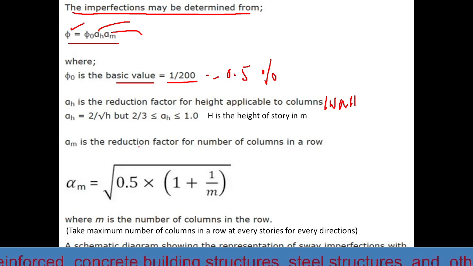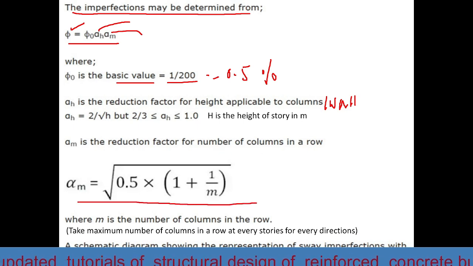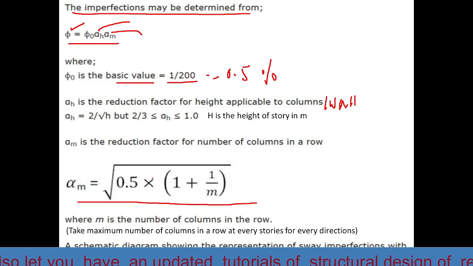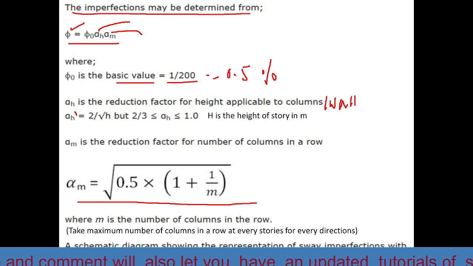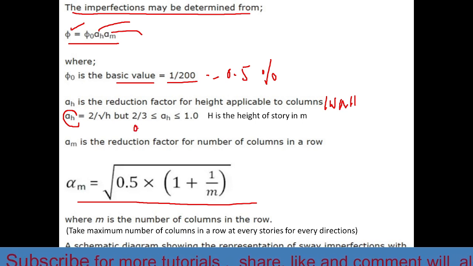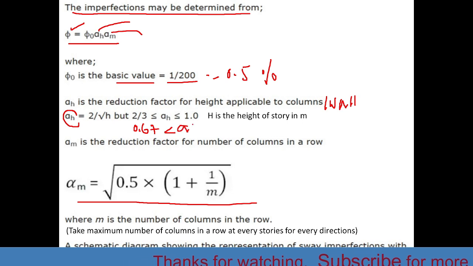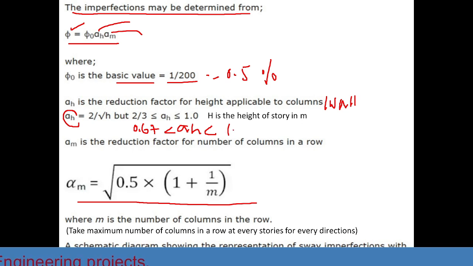And alpha m is a reduction factor for the number of columns, and it can be calculated with this formula. The value of alpha h should not be less than 0.67, and it should not exceed 1. So it is between 0.67 and 1.